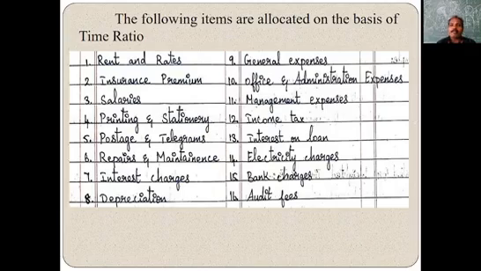These are all the expenses that come under the category of allocation on the basis of time ratio. These are mostly fixed overheads or fixed expenses, right?